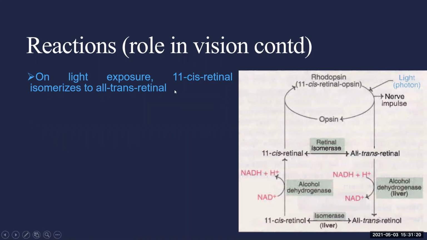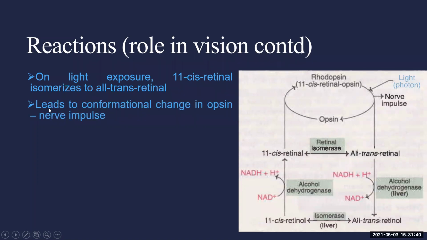A biochemical reaction happens, that is isomerization, where 11-cis retinal is isomerized to all-trans retinal. You can see it here. This conversion leads to a conformational change in opsin.